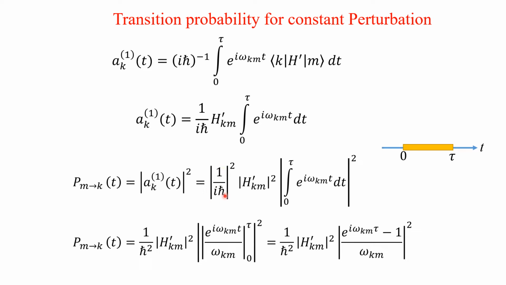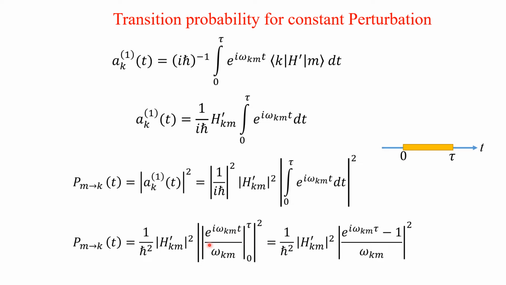This 1 over iħ, modulus square, is equal to 1 over ħ squared, and this I am keeping as it is. If you integrate this exponential term, you will get e^(iω_km t) over ω_km between the limit 0 to tau. Of course, you have to square it.